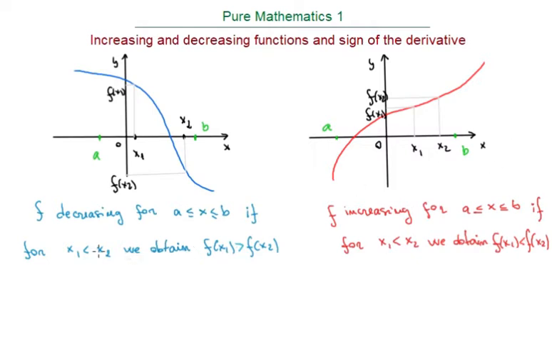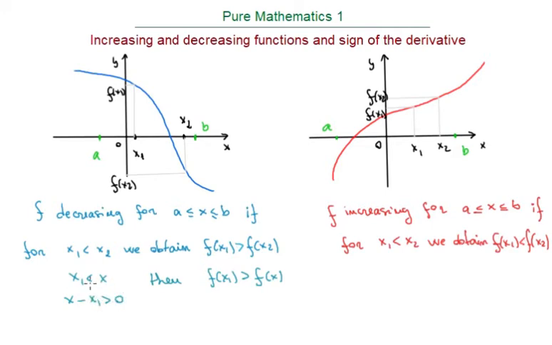Well, let's see. Let's rename our x2 x. So our definition would look like this. x1 is less than x, then we get that f of x1 is greater than f of x. x1 is less than x, this leads to x minus x1 is greater than 0.